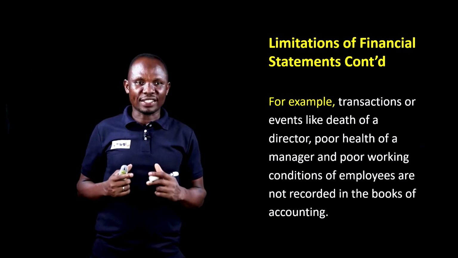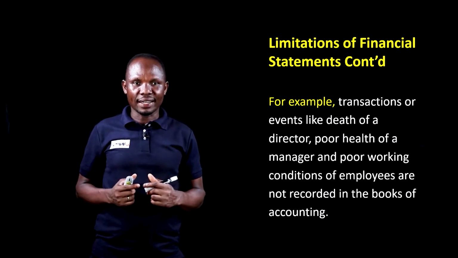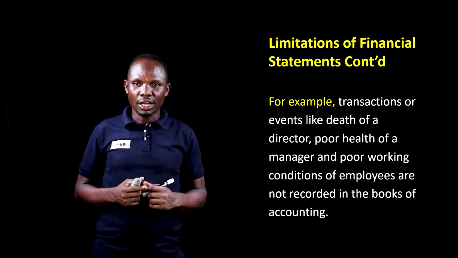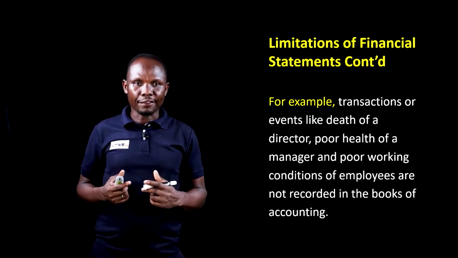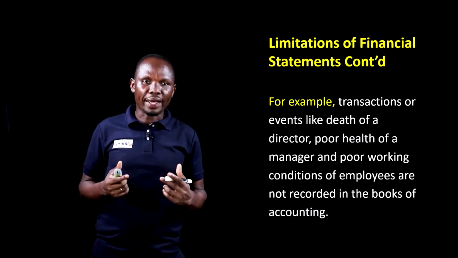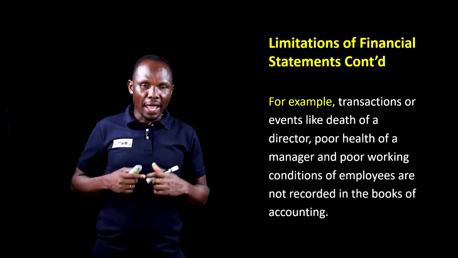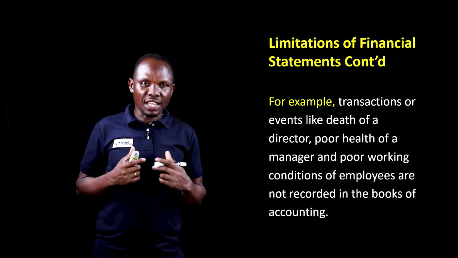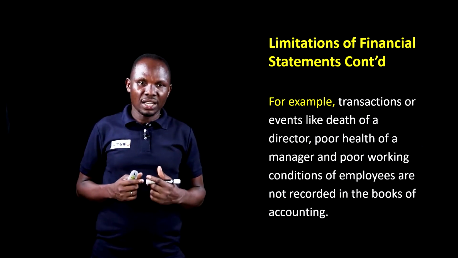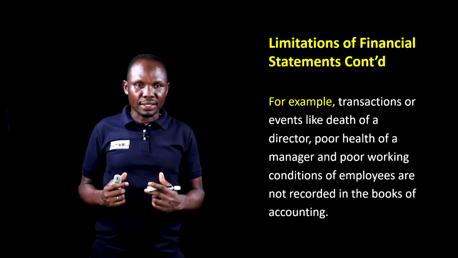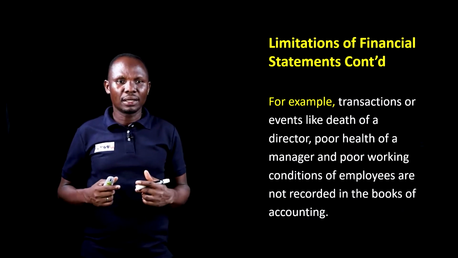For example, transactions or events like death of a director, which is very critical for the survival of the organization, poor health of a manager, poor working conditions of employees, employees' morale, team spirit, relationship that exists among employees, relationship between employees and management.